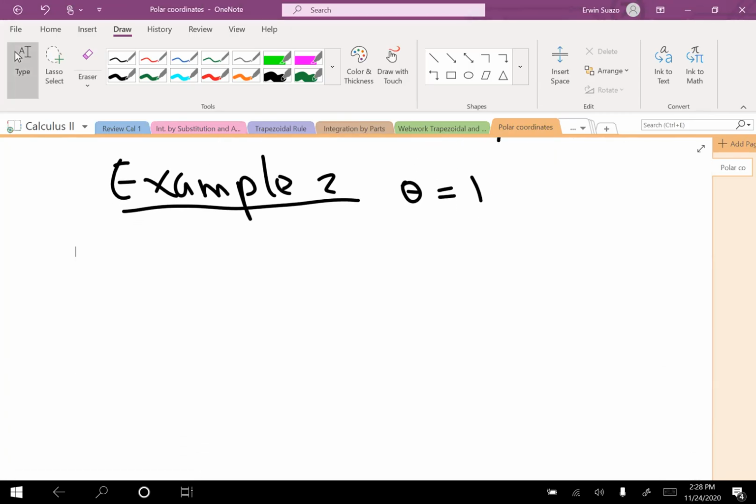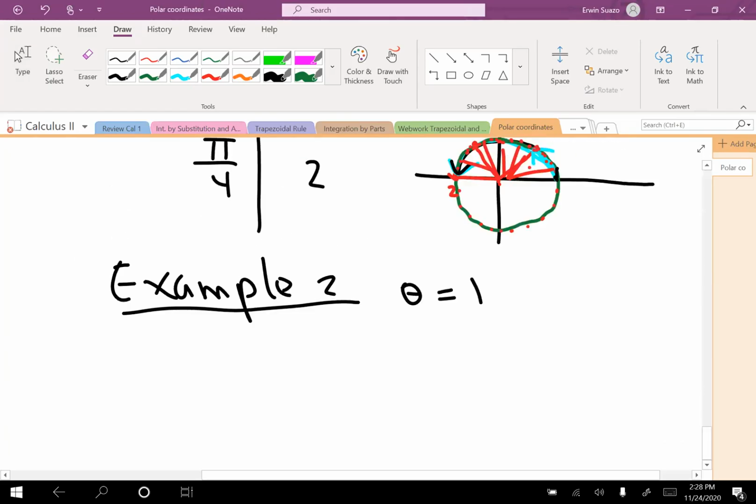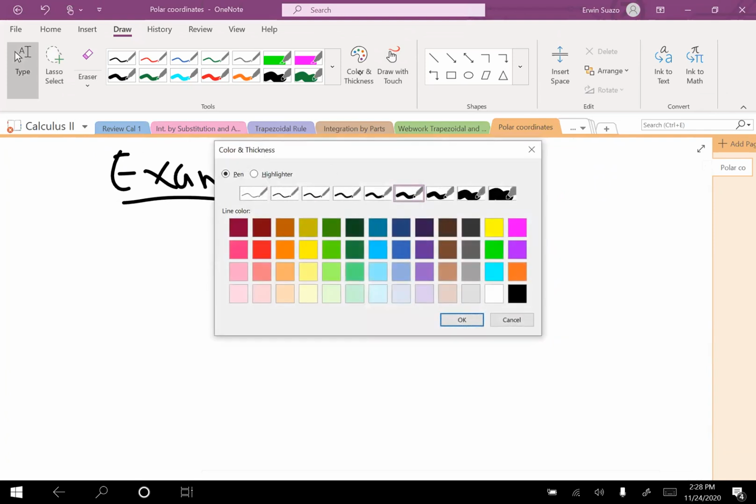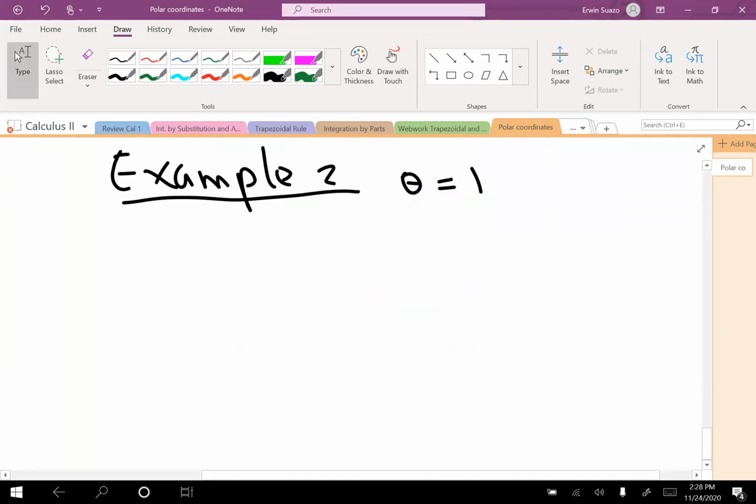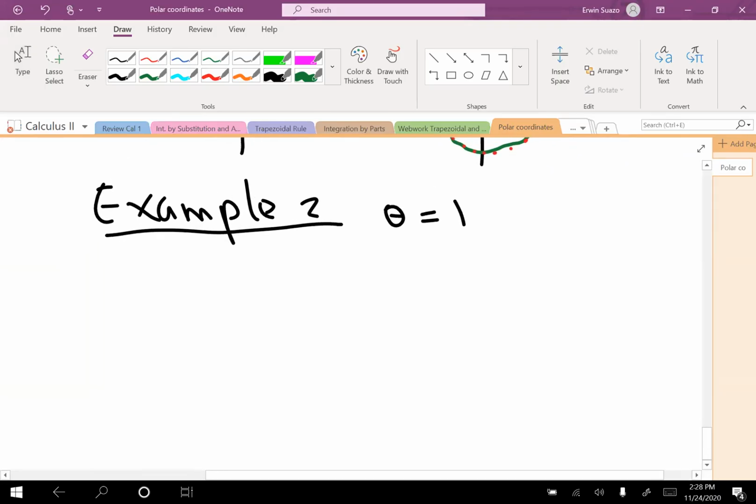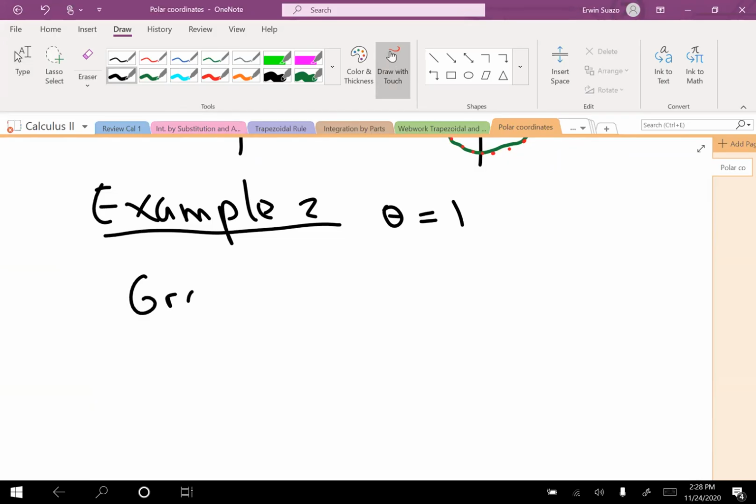This one is probably a little weird, but it means my graph is all the couples theta, r.